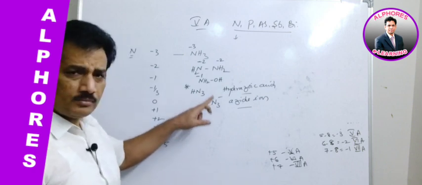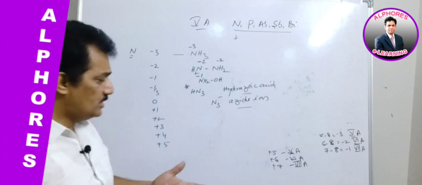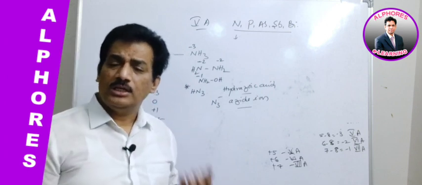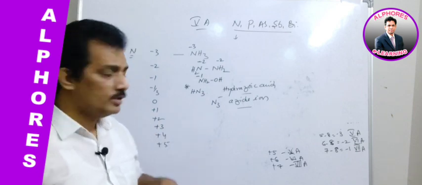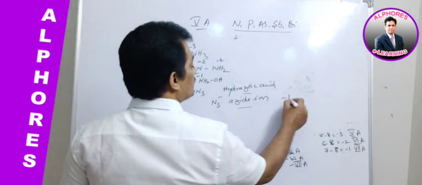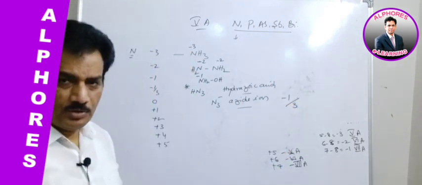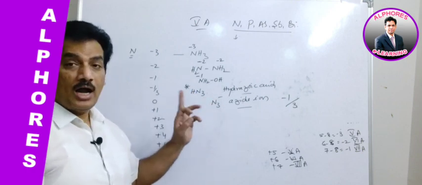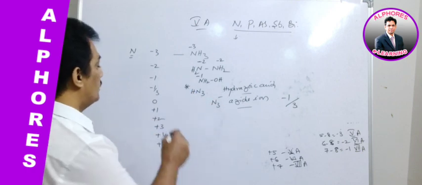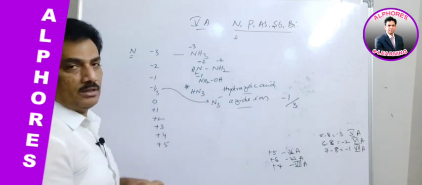That is, out of 3 nitrogen atoms, only 1 negative charge is there. As we know, oxidation number should be the probable charge per atom. So as it is -1 out of 3 atoms, the charge is -1/3. That's why it is azide ion, and it is from hydrazoic acid. You remember, in this one the oxidation state is -1/3.